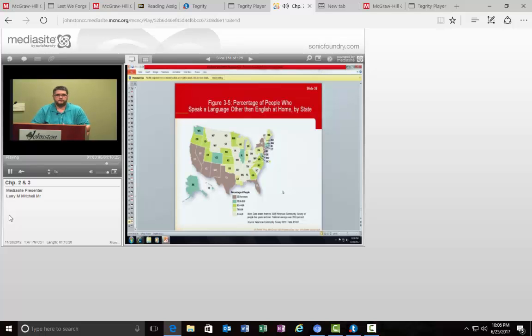Out west, it seems to be more common, as you can see, from Texas to California, where about a quarter or 25% of the population or more are these bilingual homes. All right, I think that's a good thing. Psychology and sociology talk about diversity, and United States is the great melting pot, so there we go there.